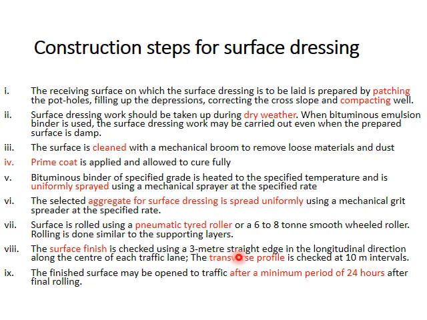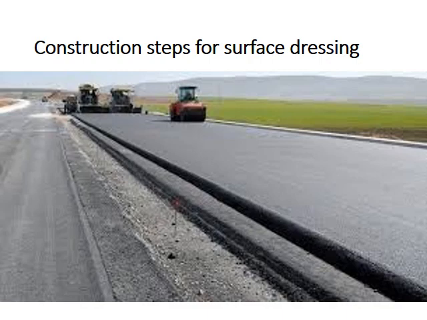Transverse profile is the level in the transverse direction, and the finished surface may be opened to traffic only after a minimum period of 24 hours after the final rolling process. This image shows the bituminous surface dressing process being completed by rollers.